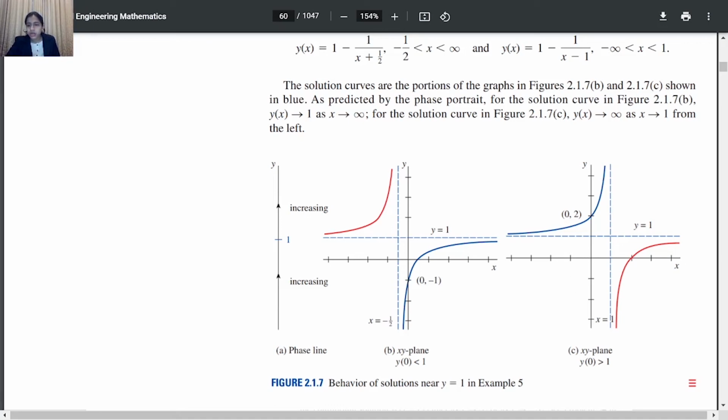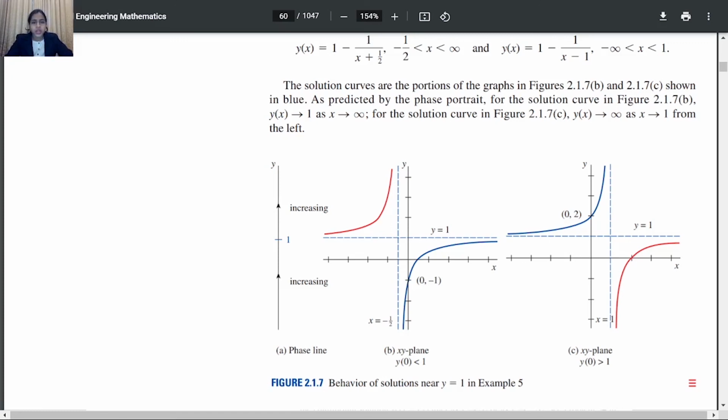As x is approaching 1, y is moving to infinity. And as x is moving to infinity, y is moving to 1. The dotted lines represent the equilibrium solutions. So this is the behavior of the solution near y is equal to 1.